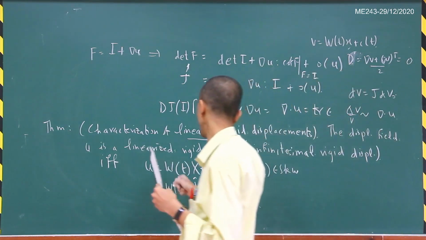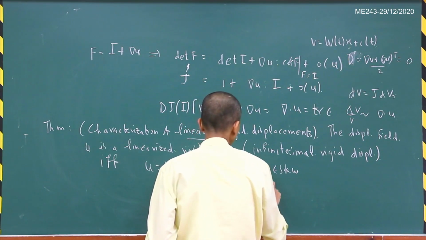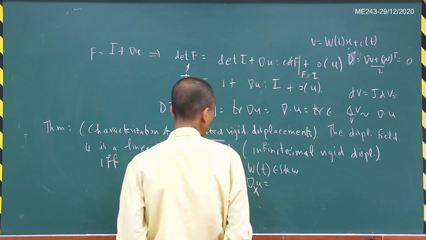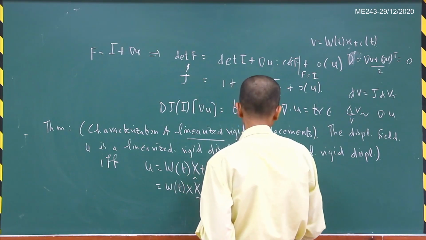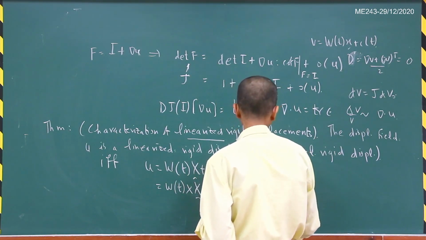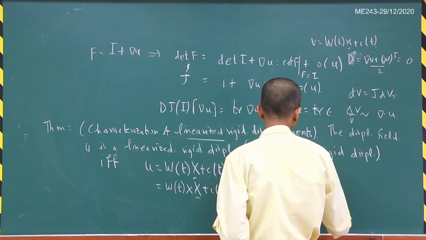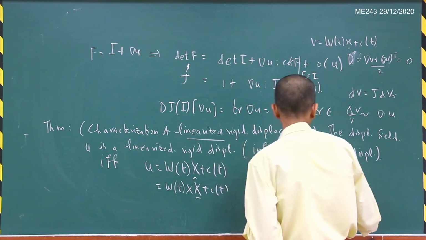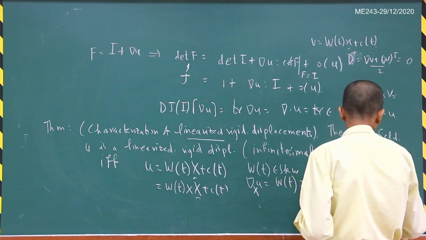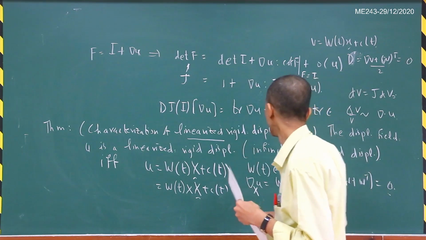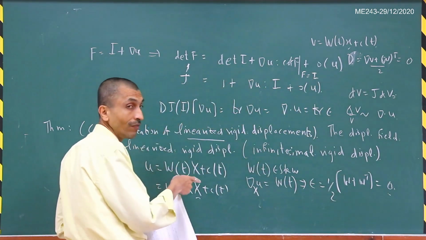So it's the same thing here, that basically you will get that del U is equal to, now this is with respect to capital X. So this was with respect to small x, this is with respect to capital X. So this is equal to W of T, and so this will imply that epsilon is equal to half of W plus W transpose is equal to 0. Right? And then conversely, if epsilon is equal to 0, then U has to be of this particular form.